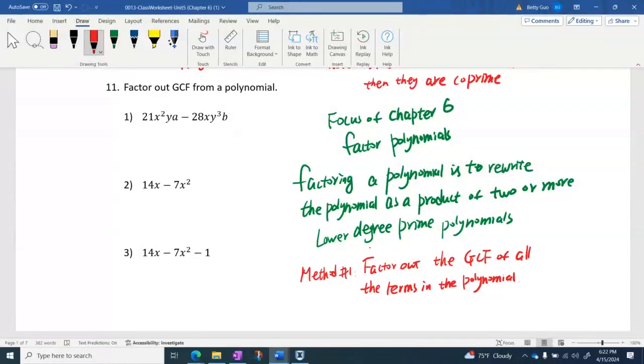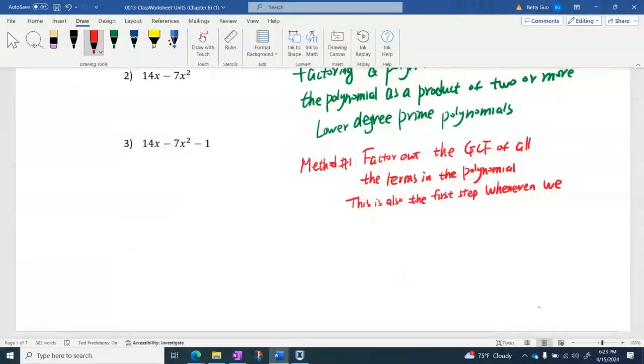Knowing this is also the first step whenever we need to factor a polynomial.